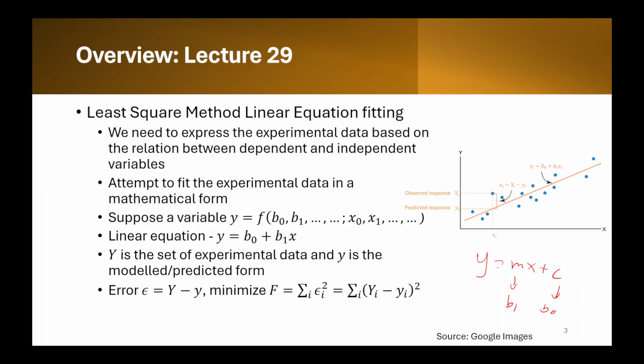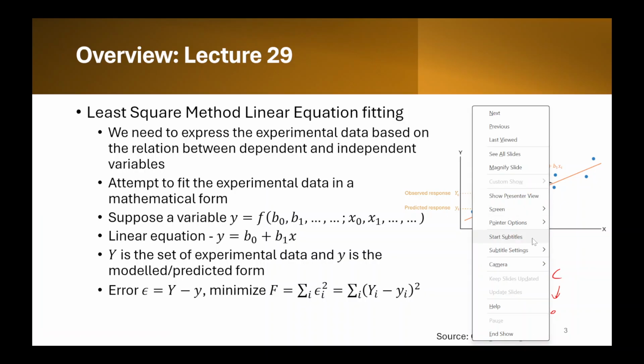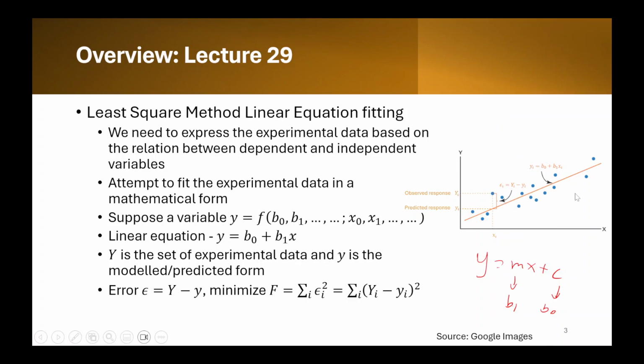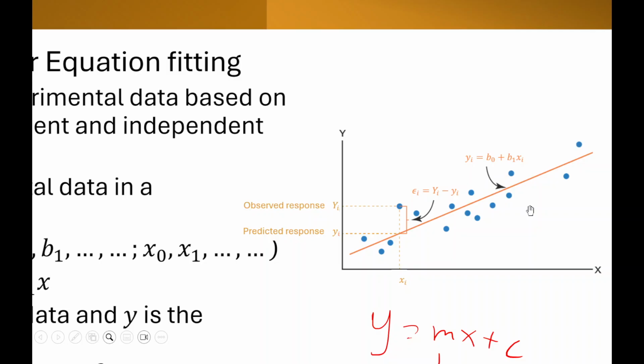And suppose the experimental data is given through this plot, I'll just zoom. Suppose these blue dots represent the experimental data for y versus x, where x is our independent variable and y is the dependent variable. This straight line is the modeled linear fit, supposing y depends on x linearly.